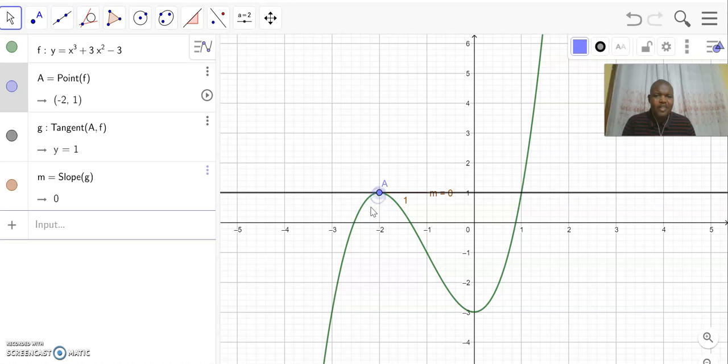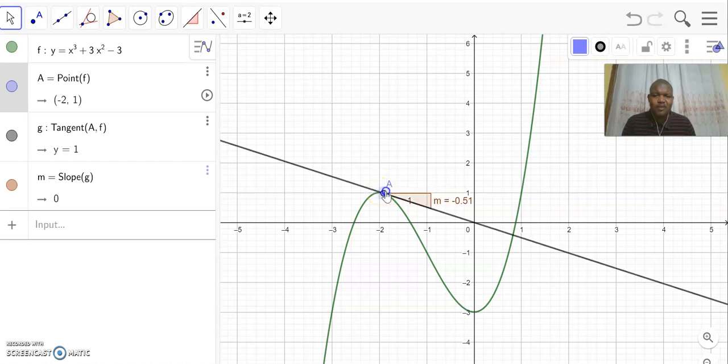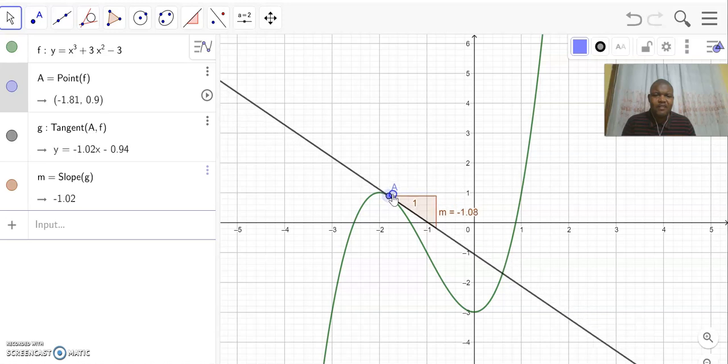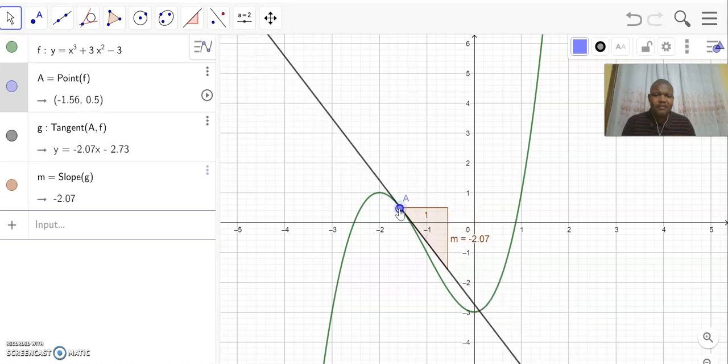When we reach the turning point, the gradient becomes 0. So the engagement of the learner is to discover and monitor the change of the gradient to the turning point, which is now 0.